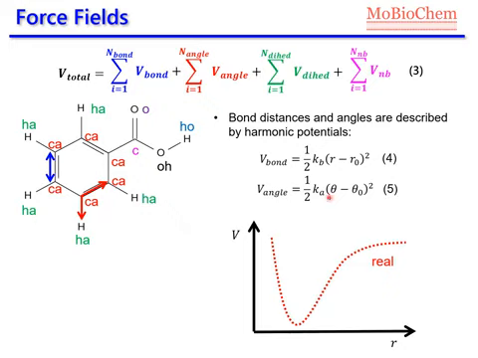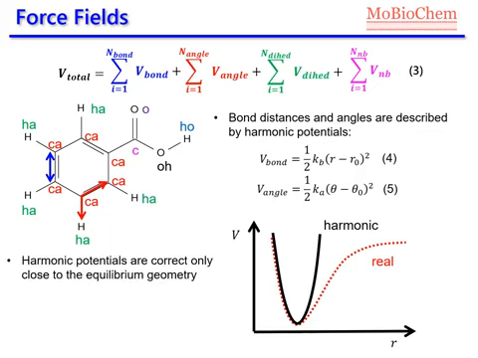Okay, so our real potential energy shape is anharmonic, so that means we are using here a huge approximation because we are using harmonic potentials to model this situation, which is anharmonic. So that means the force fields which use harmonic potentials are correct only close to the equilibrium distance, and also close to the equilibrium angles.